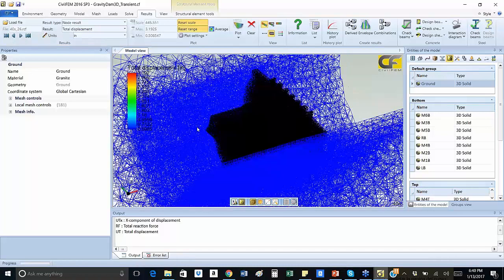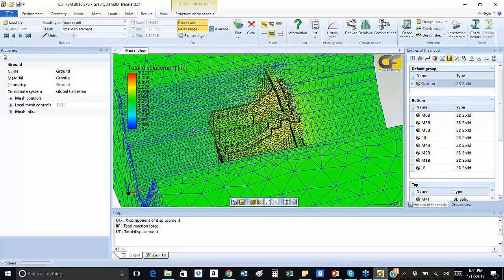You can also notice how the soil has a perfect interaction with the structure. That is perfect compatibility.